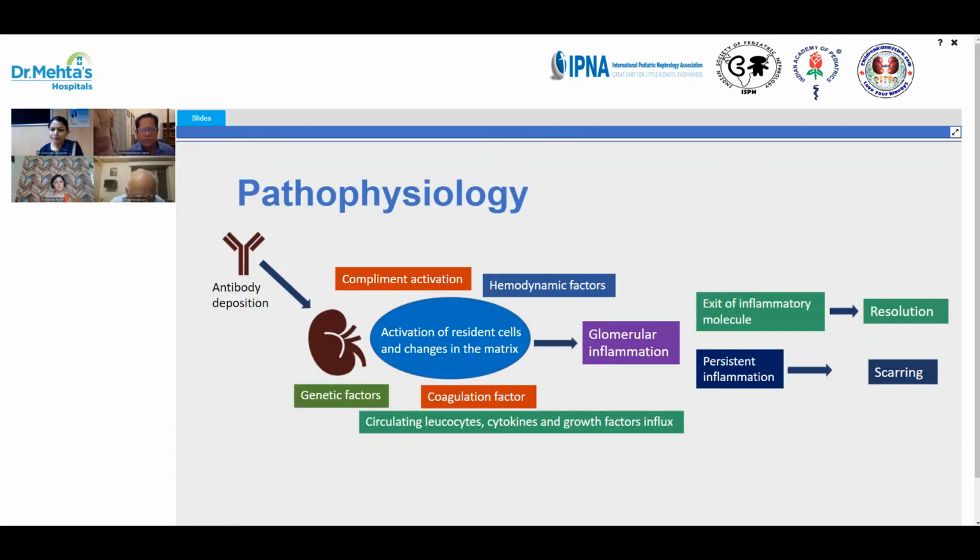So what happens in the pathophysiology? There is an antigen-antibody reaction, and the antibody is deposited in the kidney glomerulus.